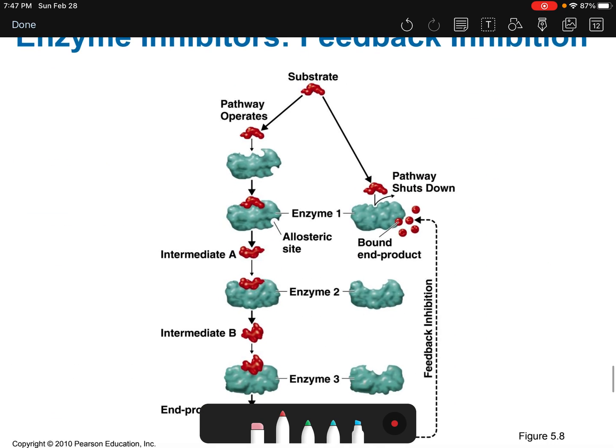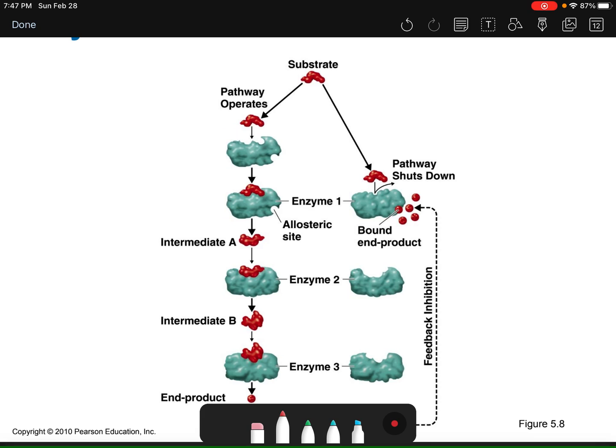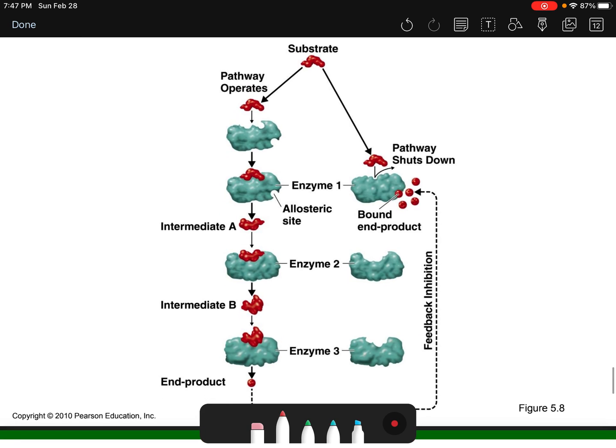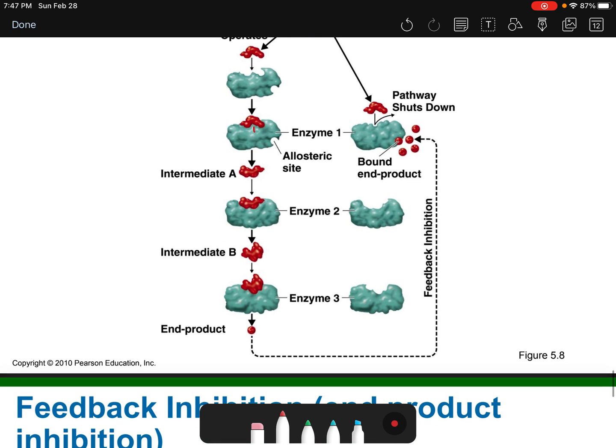If you look at that, here we have your substrate, it hooks on, the enzyme makes its product, it goes just fine, and it produces your end product right here. But if all of a sudden this builds up, you notice this allosteric site?